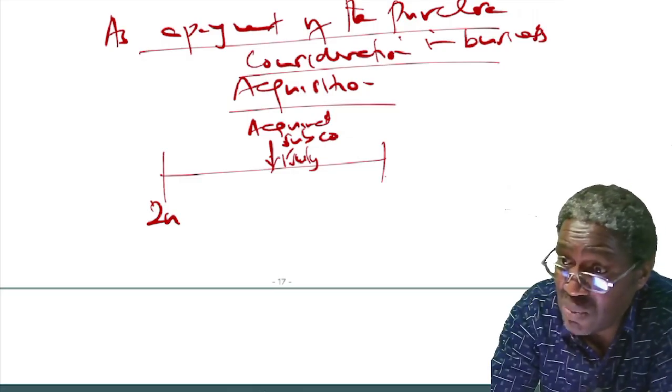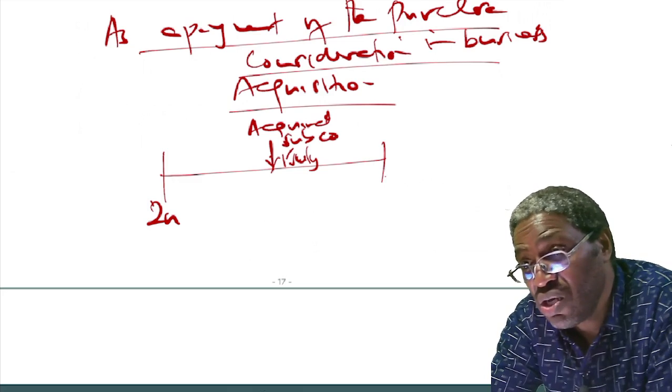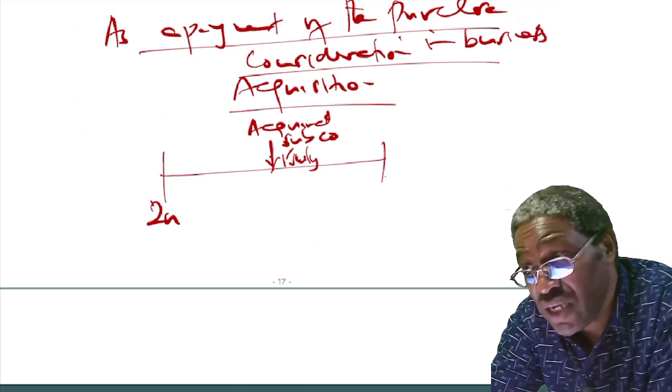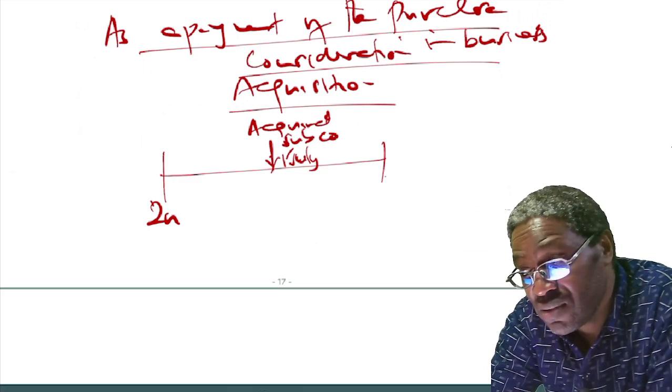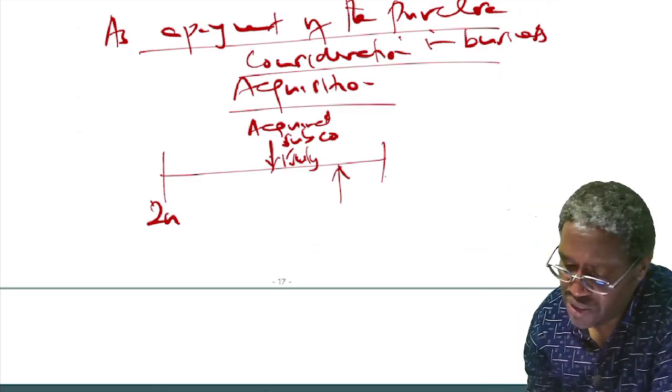You agreed with the subsidiary company as part of their payment of the purchase consideration, you will issue them shares. You issued those shares on 1st September.